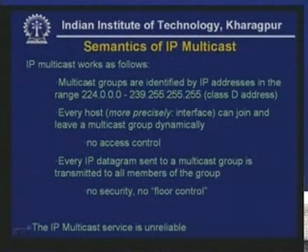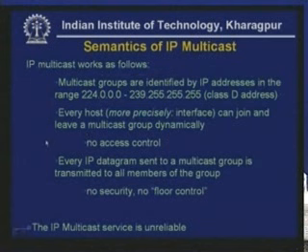So this works as follows. Multicast groups are identified by IP addresses in the range 224.0.0.0 to 239.255.255.255. These are the class D addresses. Every host, or more precisely every network interface card, can join or leave a multicast group dynamically.